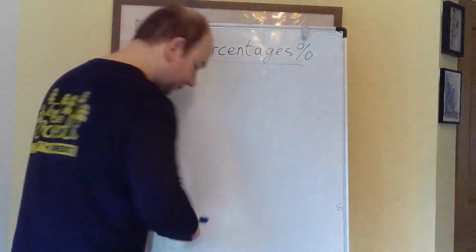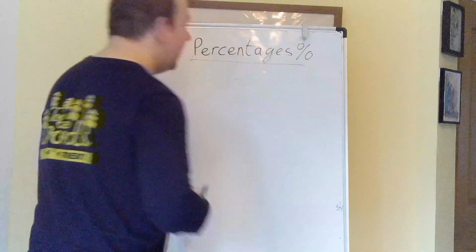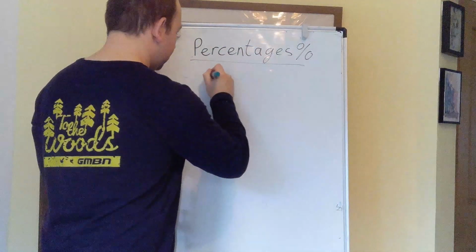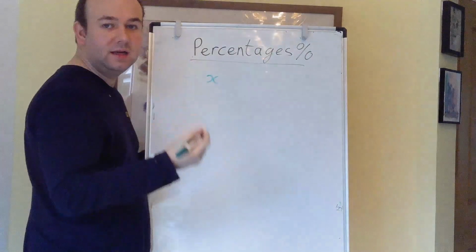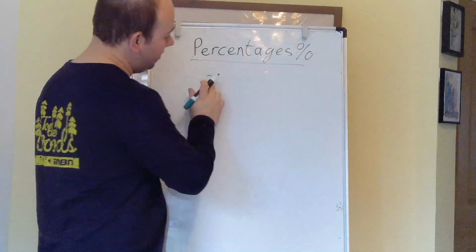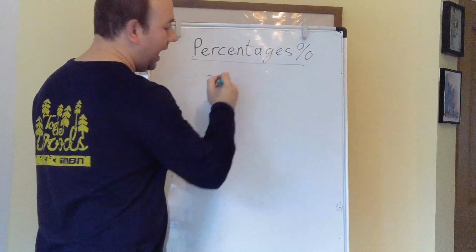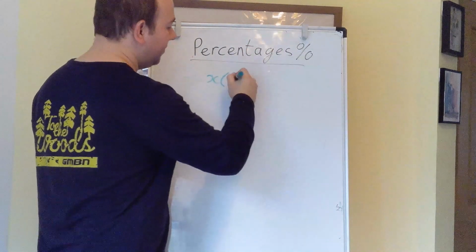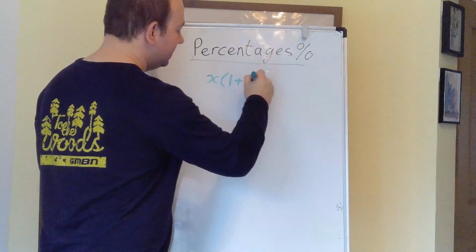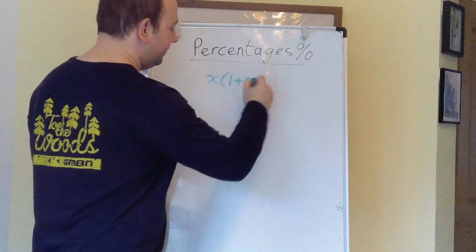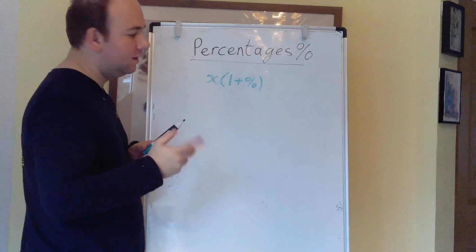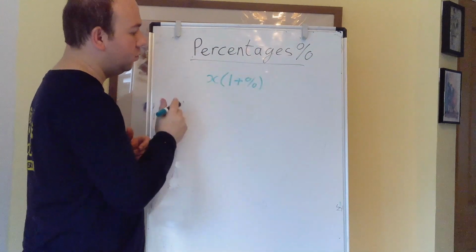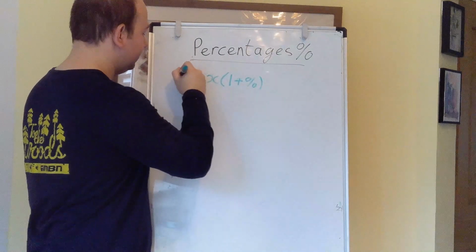If you had an amount and it's going to increase by a percentage, you take your amount x, and after a certain period, say a year, it's going to increase by 1 plus that percentage. So this has now become your amount after 1 year.